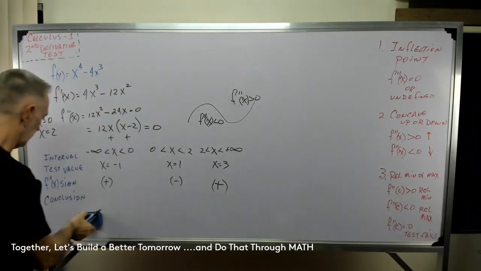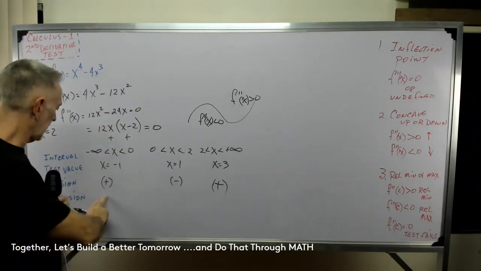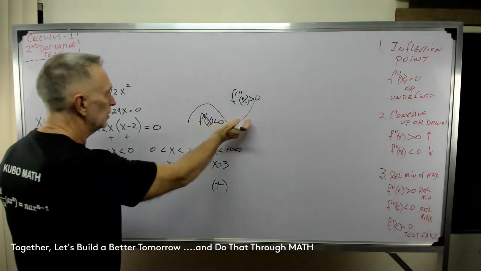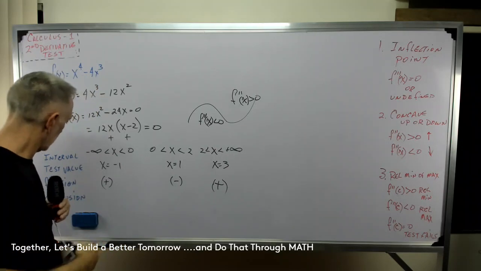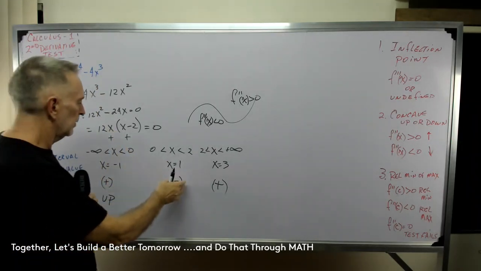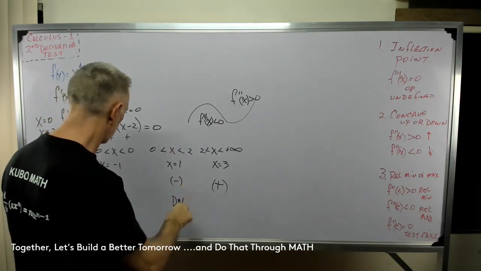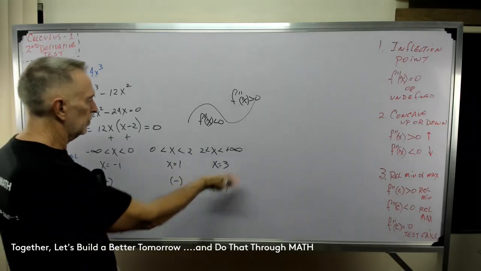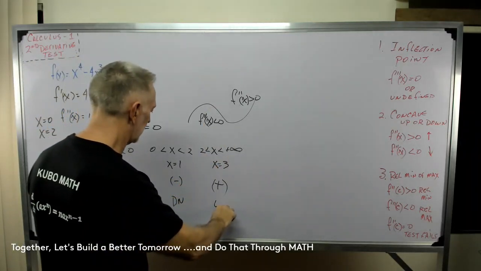Now then, in this case, f double prime of x is positive, so it's telling me that this is concave upward. This one is negative, so it's telling me it's concave downward. And this one is positive, so it's telling me it's concave up.